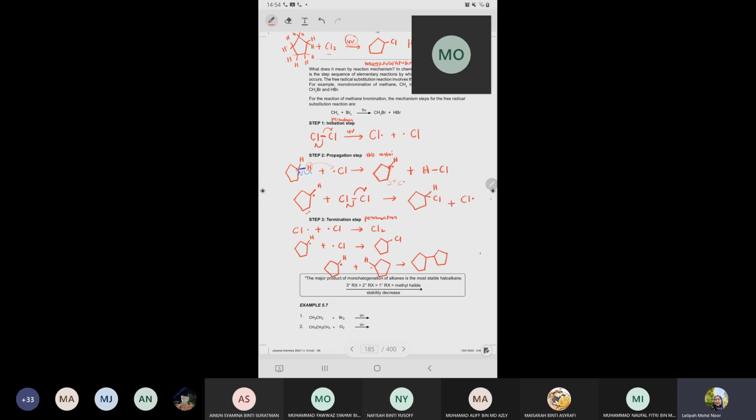Okay, so react again with the Cl dot or the free radical of chlorine, dapat produk. Okay, and then free radical of cyclopentane can also react with itself. Okay, dia boleh react dengan diri sendiri. Okay, so it will form the product. This one kita panggil dia byproduct lah. Okay, byproduct, which is the dicyclopentane. Okay, boleh? Boleh madam. Boleh ya? Okay.